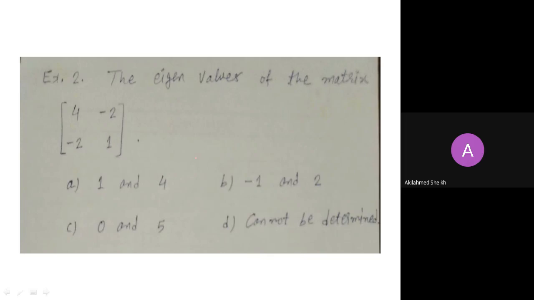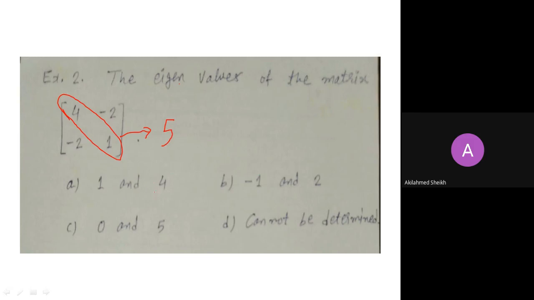Next example. The eigenvalues of the matrix 4, minus 2, minus 2, 1. There are four options. Again, we use the same concept here. Observe here. The sum of diagonal elements is 5, 4 plus 1 is 5.